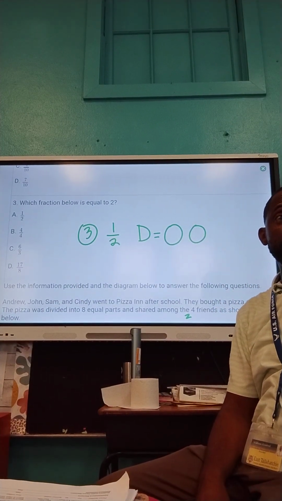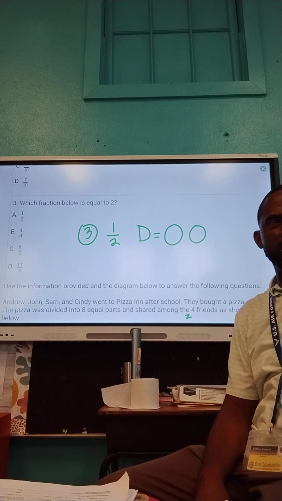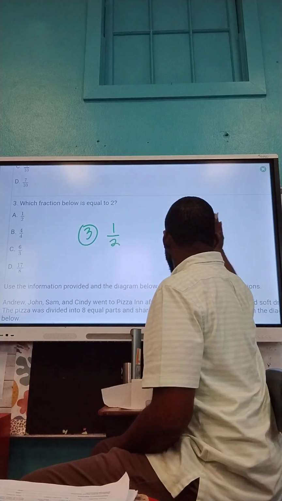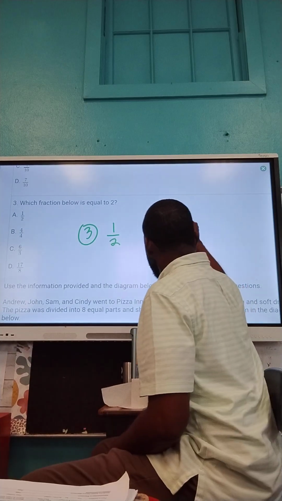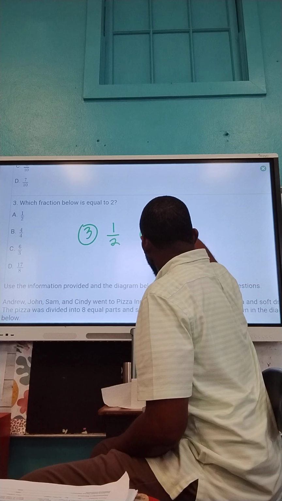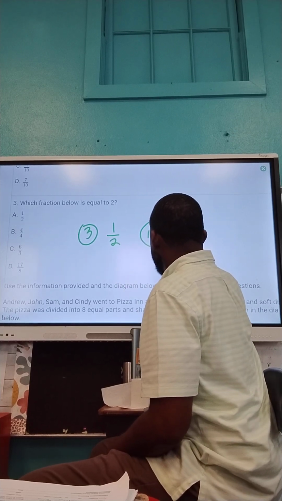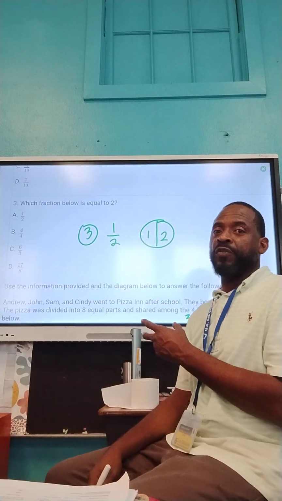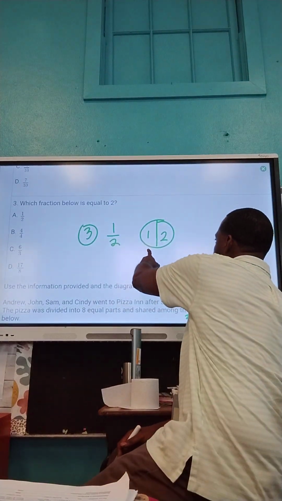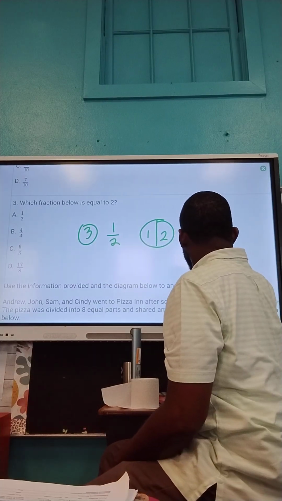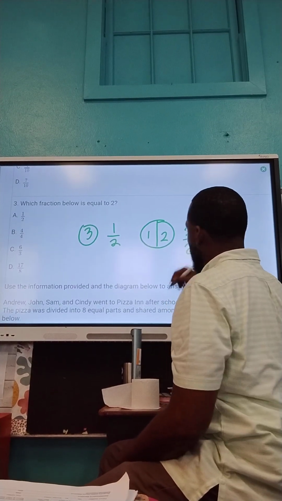No. Now guess what the misconception would be? Some people would disregard the 2 whole pieces. They would draw a circle and cut it in half, and they'll think this is 1 and this is 2 whole pieces. When in fact, that's 1 half and that's 2 halves. And when you get 2 halves, it equals a whole.